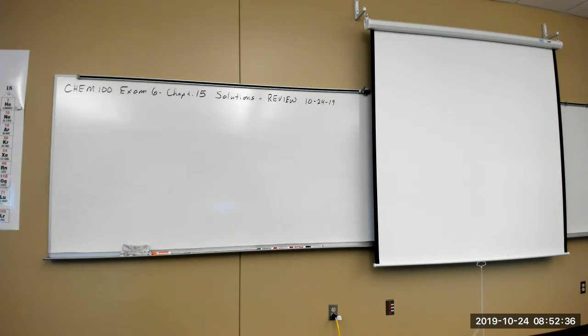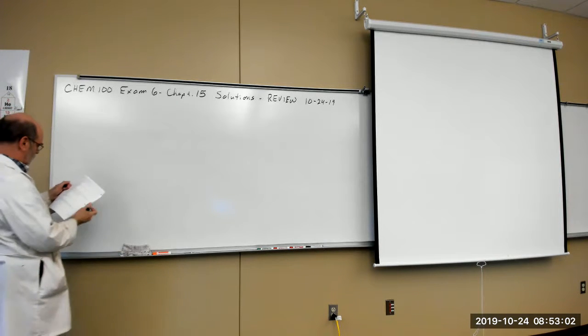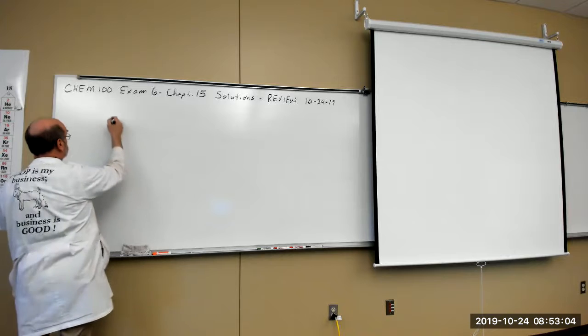Okay, let's see, what else can we do here? We've already done that one. Here's a concept problem, let's see. 15. No, that's not right. 10, excuse me. 10 is a concept problem. A mixture of sand and water is what? Actually, this takes us back to an earlier chapter.